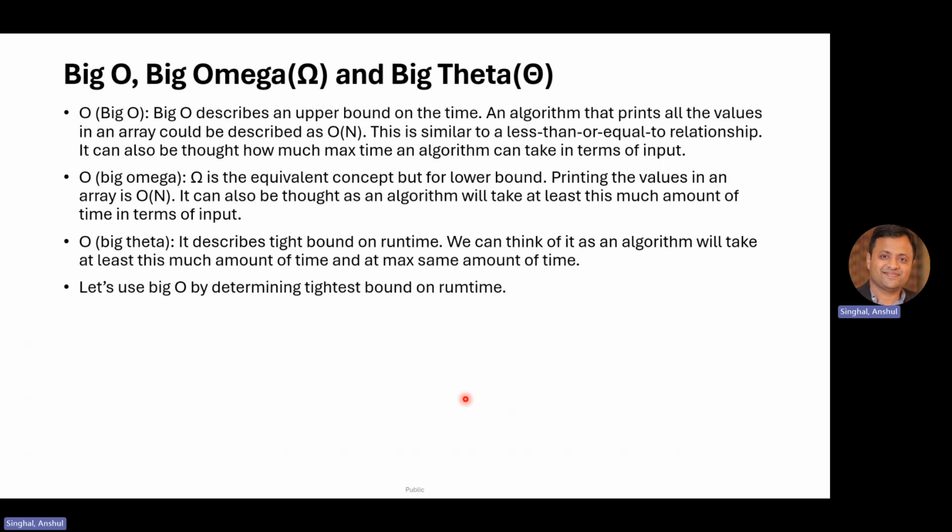So essentially, big O is upper bound on the time, big omega is lower bound on the time, and big theta is just the tightest bound on the runtime. And we also discussed that whenever we are analyzing the efficiency or runtime of an algorithm, then we will always look for the tightest bound on the runtime, right?